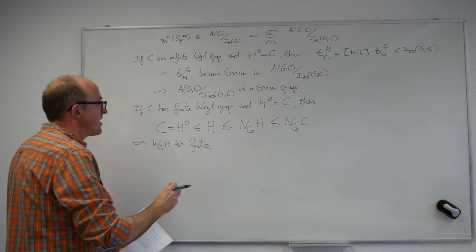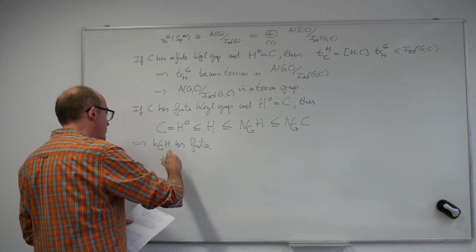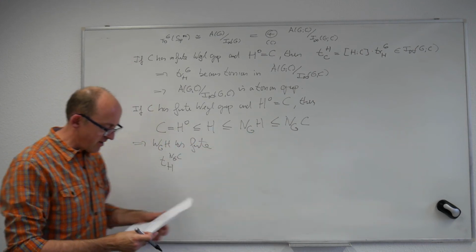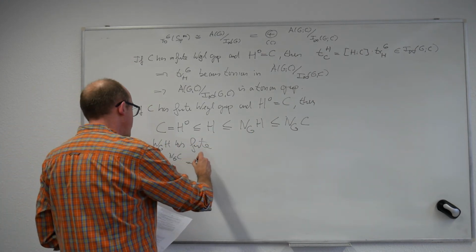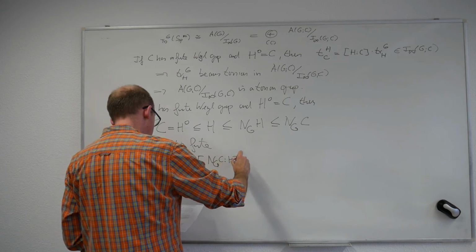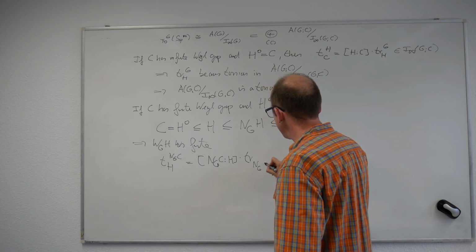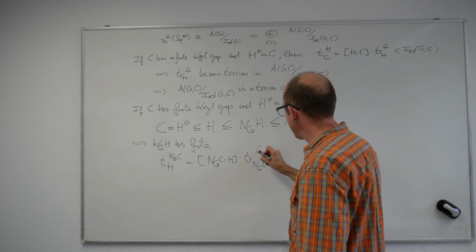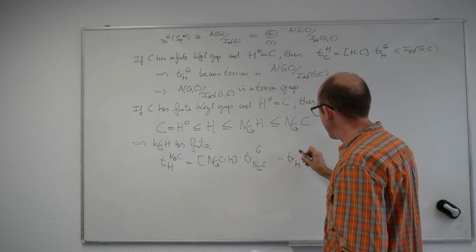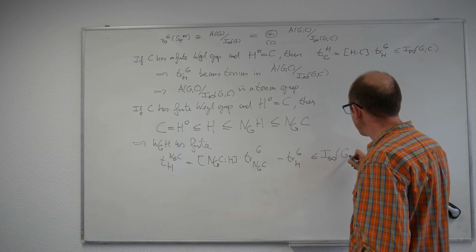And it implies also that the class T(H, N_G C) makes sense because H is contained in here. And then this class, which expands to the index of H in the normalizer of C times the transfer from the normalizer in G of this particular connected component to G, minus the transfer from H to G, is in I infinity(G, C).